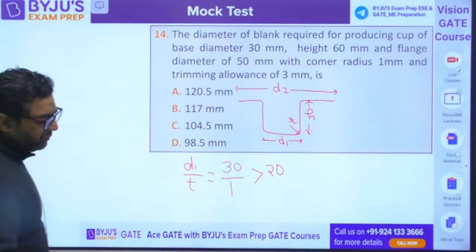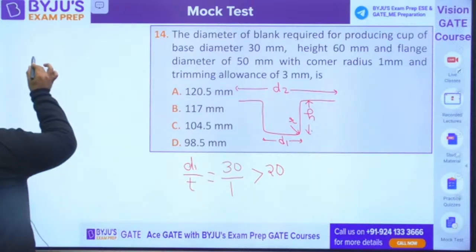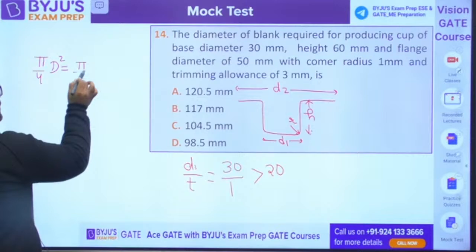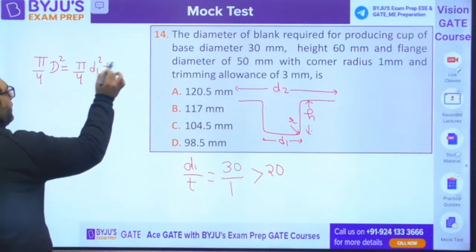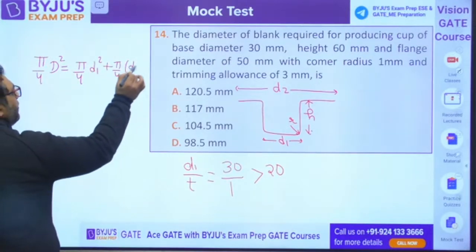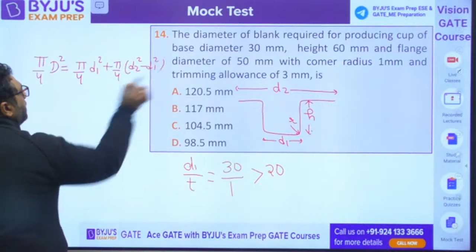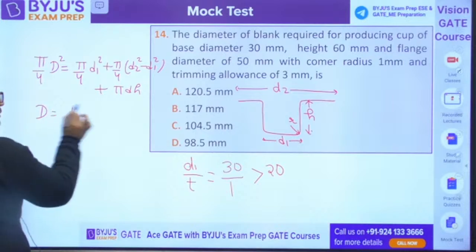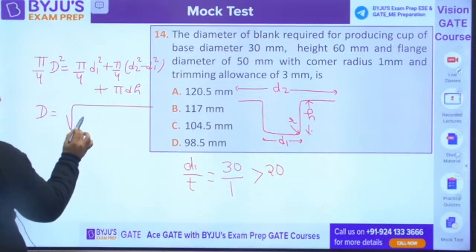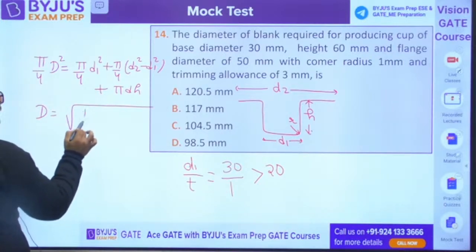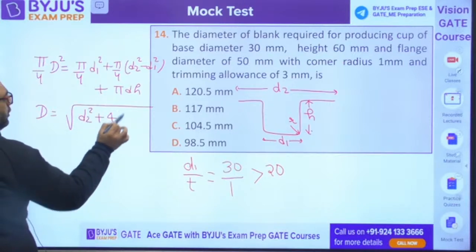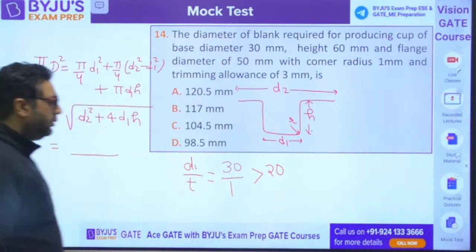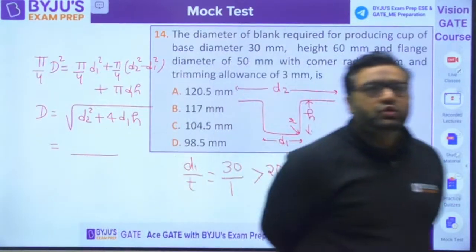So when it is coming out to be more than 20, you can directly equate pi by 4 d square, the blank diameter, to pi by 4 d1 square plus pi by 4 (d2 square minus d1 square) plus pi d1 h. So from this, d will be coming out to be d2 square plus 4 d1 h, under the square root. Solve it and get the answer.